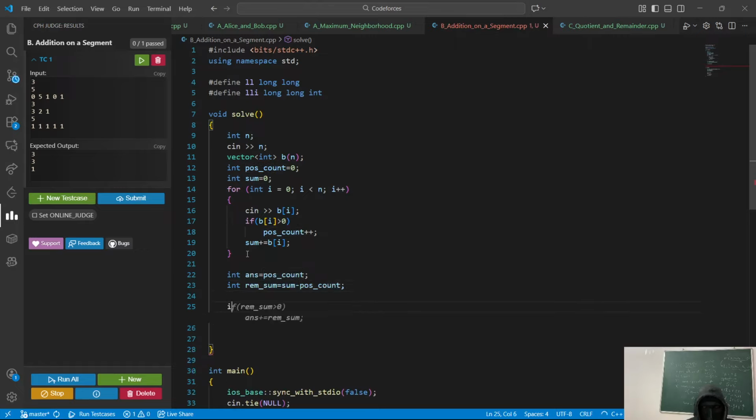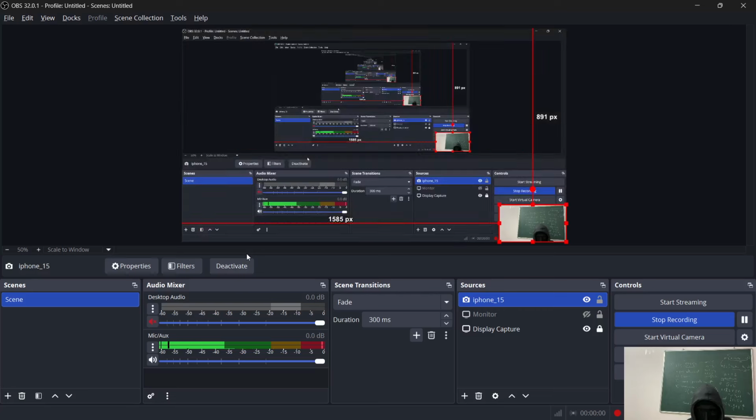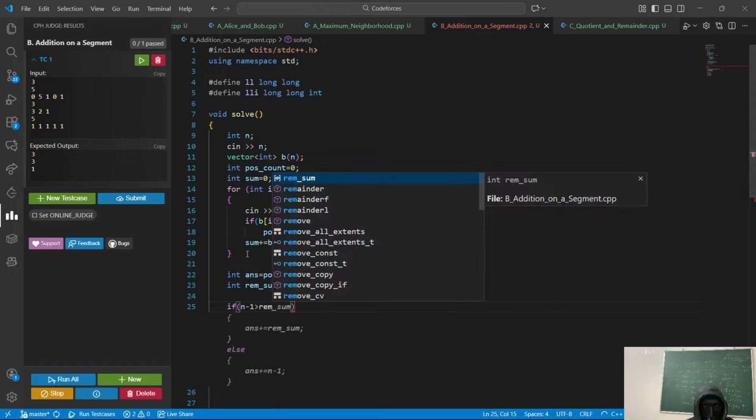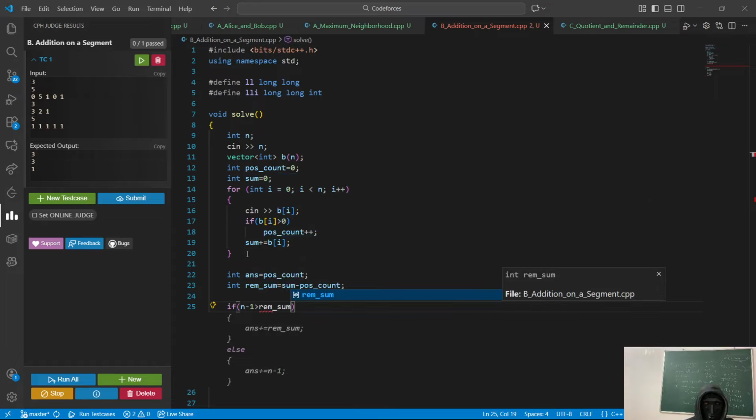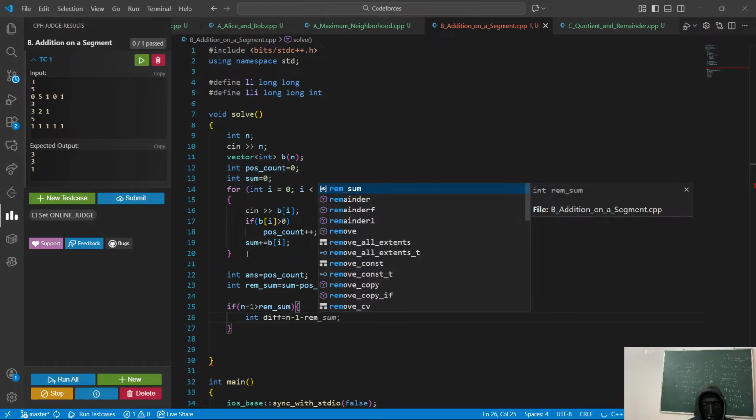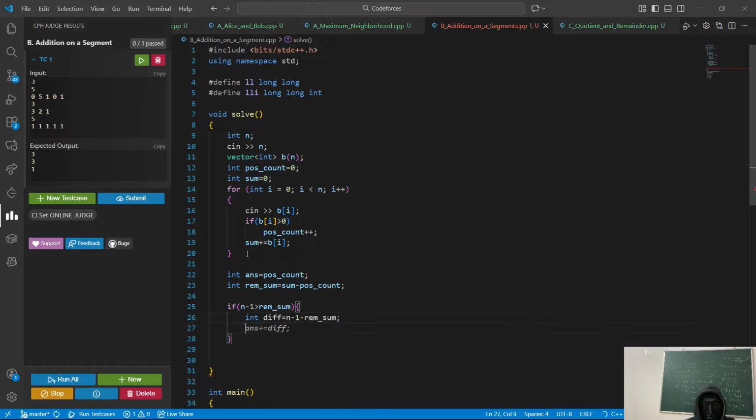Now we'll have to check the remaining operations, so n minus 1 is the remaining operations. If the remaining operations left are greater than the remaining sum, in that case your diff is going to be n minus 1 minus remaining sum, and from the answer you'll have to decrease this.